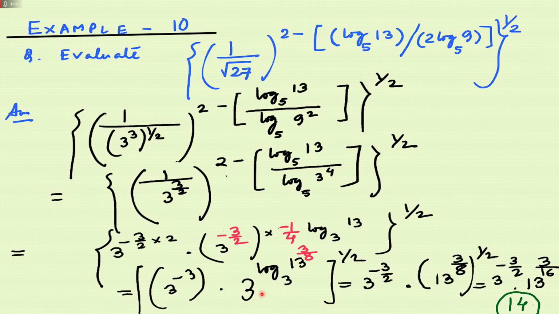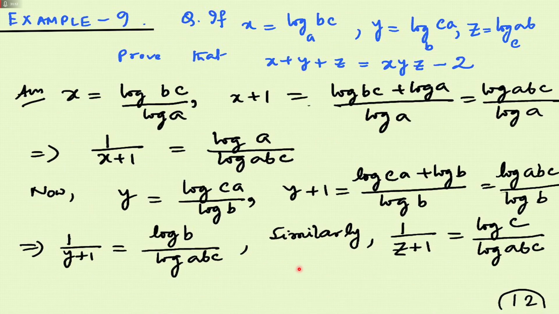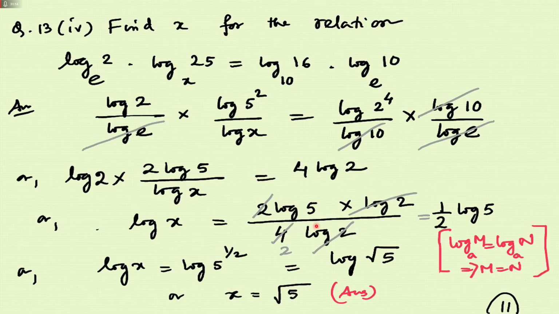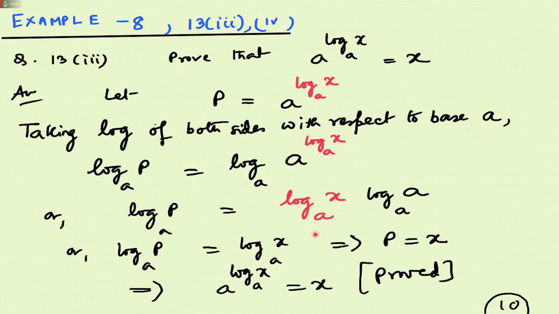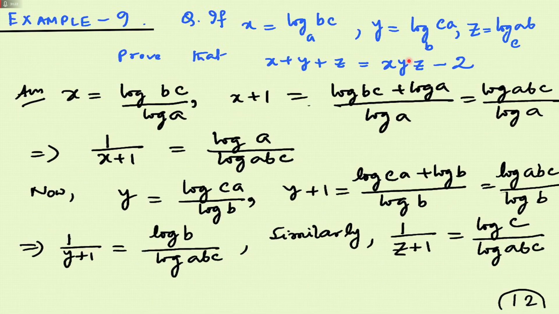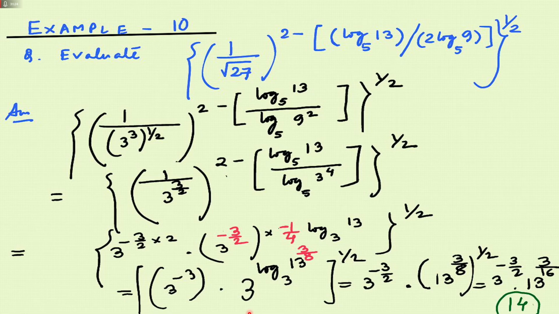This relation has also been proved in the previous example. I have proved here a to the power log x base a is equal to x. I am using this relation here. See that I am using this relation: a to the power log x base a will give you x. Okay.